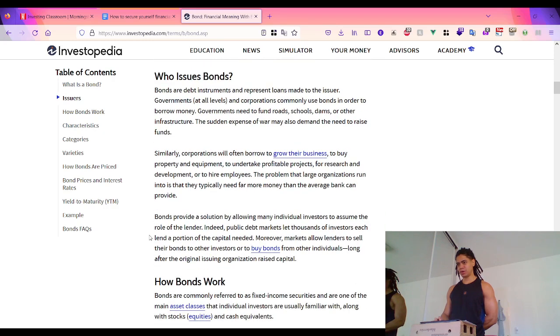So who issues bonds? Bonds are debt instruments and represent a loan made to the issuer. Governments at all levels and corporations commonly use bonds in order to borrow money. Governments need to fund roads, schools, dams, and other infrastructure. The sudden expense of war may also demand the need to raise funds.